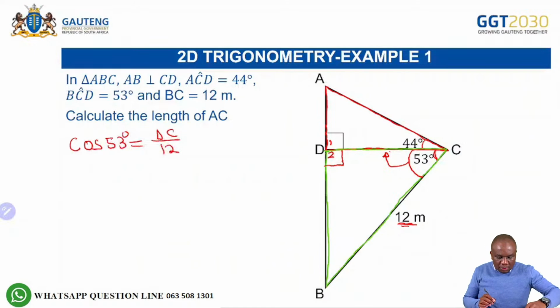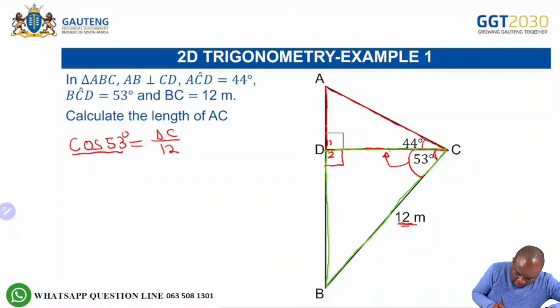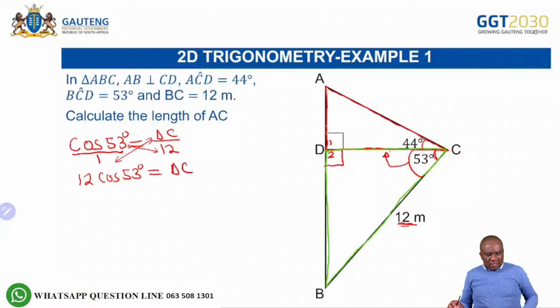We do our cross multiplication, or some people just say multiply by 12 on both sides. As easy as that, okay? Right, and then divide by 1, and then we get 12 cos 53 degrees, when you're cross multiplying this, is equal to DC times 1, which is just DC. Then put this in the calculator. 12 cos 53, what do you get?